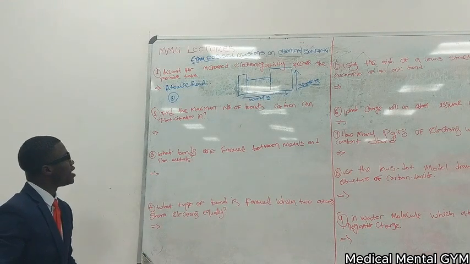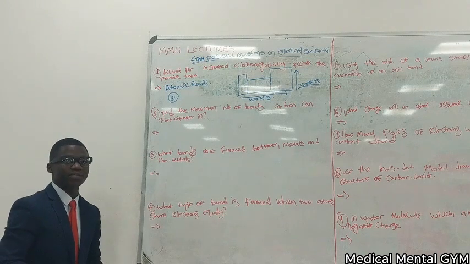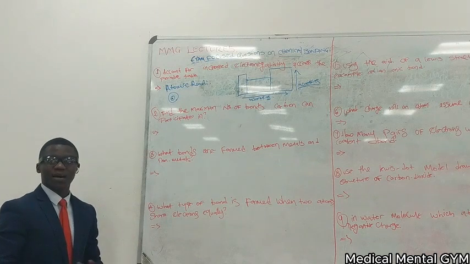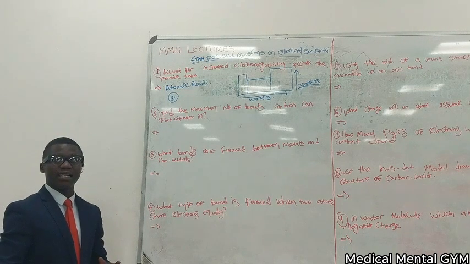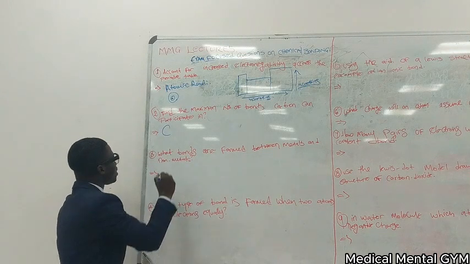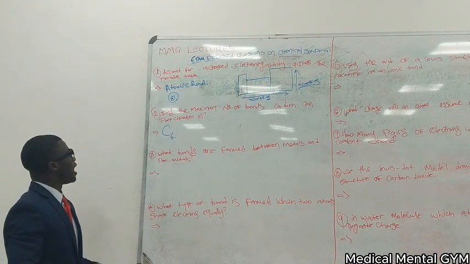Find the maximum number of bonds carbon can participate in. So let's look at carbon and its atomic number. Carbon has an atomic number of 6, so this carbon has 6 electrons.